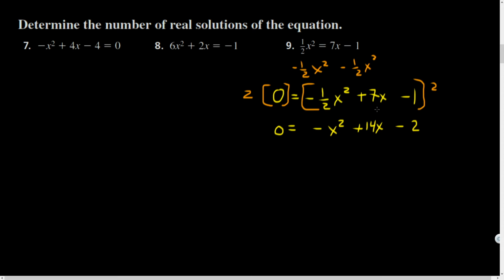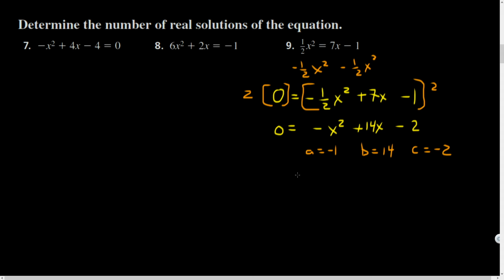Although now in this case, 14 squared might put it out of the range of what you can do in your head. I think a equals -1, b equals 14, c equals -2. It would have worked just fine if you used -1/2, 7, and -1, by the way.